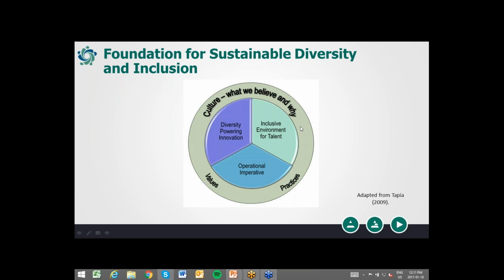So diversity powering innovation. We know from the research that the more cognitive diversity, the more diverse perspectives we bring to the table, the more innovation and creativity we'll get over a homogeneous team.